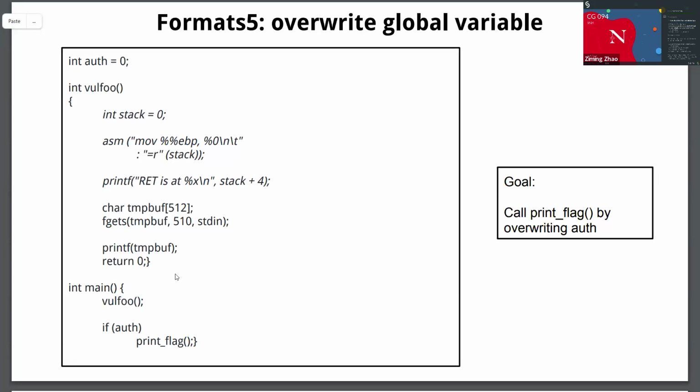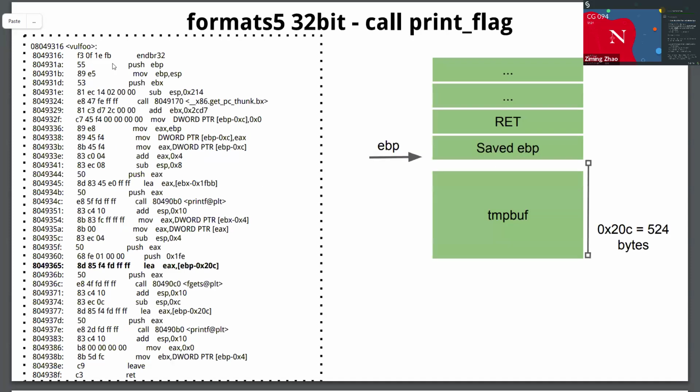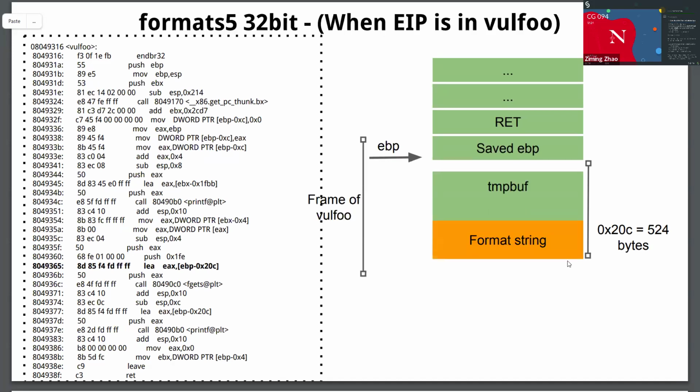Let's first use %n to overwrite the auth variable, because I want to show you how %n works. If we look at the disassembly, the buffer is 524 bytes there. Because this buffer will be treated as a format string, you put the format string at the beginning of this buffer.